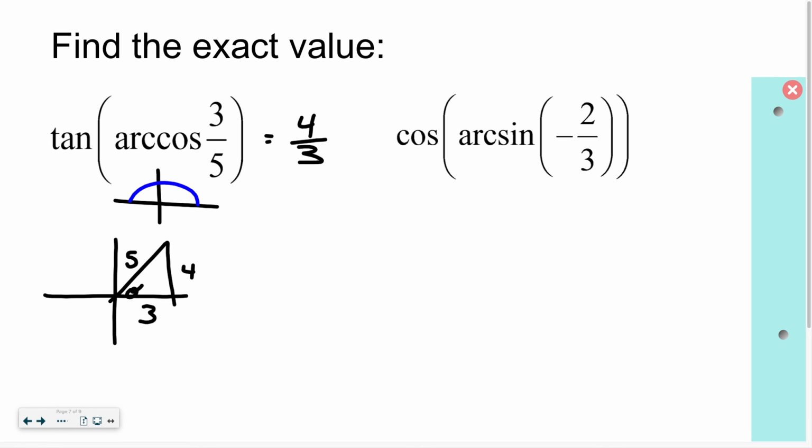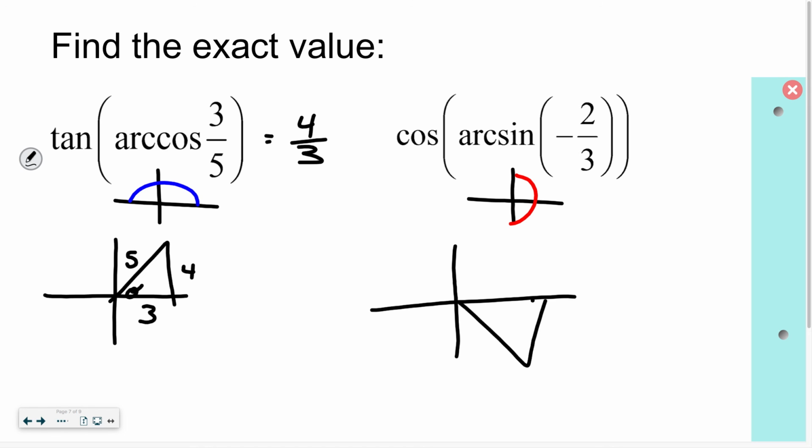Cosine of arcsine of negative 2/3. Well, if it was arcsine, I would be in quadrants 1 or 4. Since it's a negative ratio, I'm automatically in quadrant 4. Excellent. Draw a triangle that's part of a bow tie. And this would be my y over r.